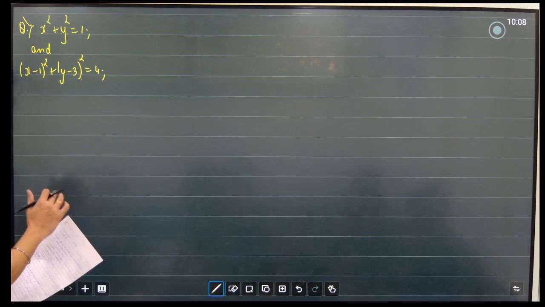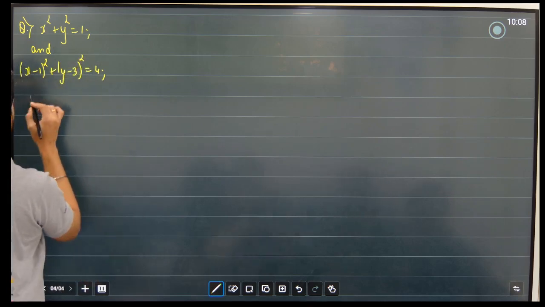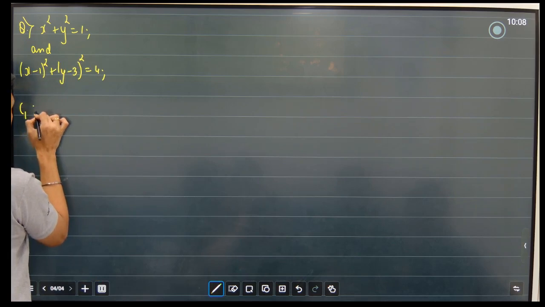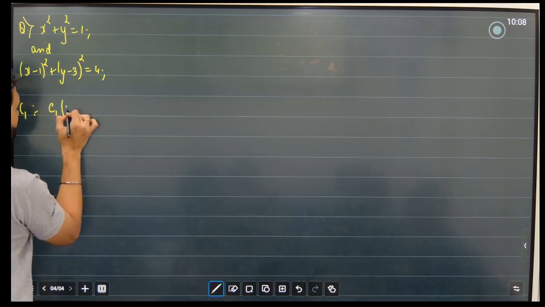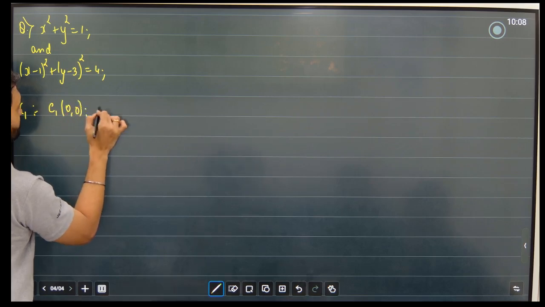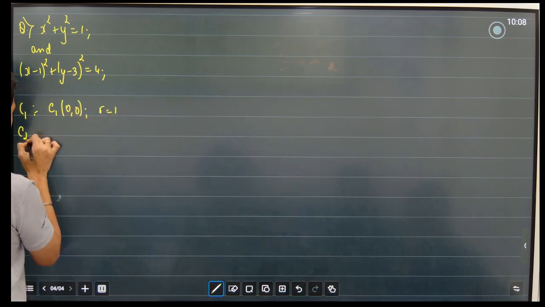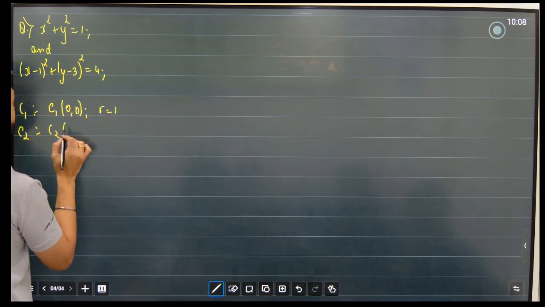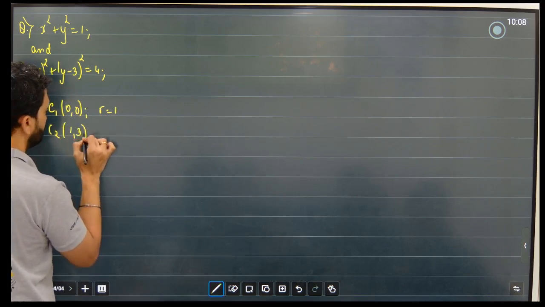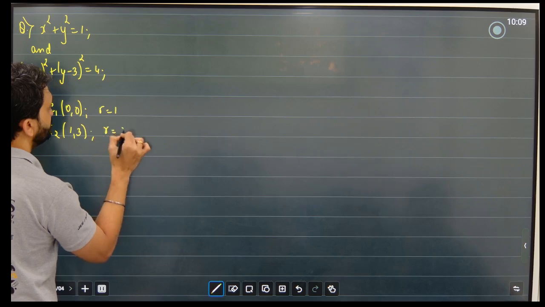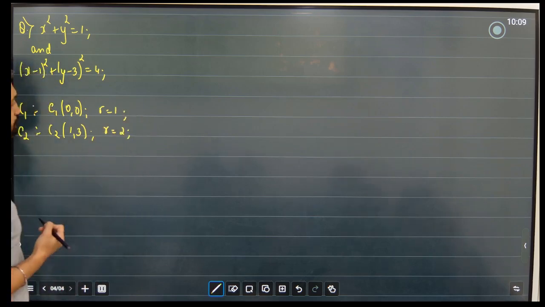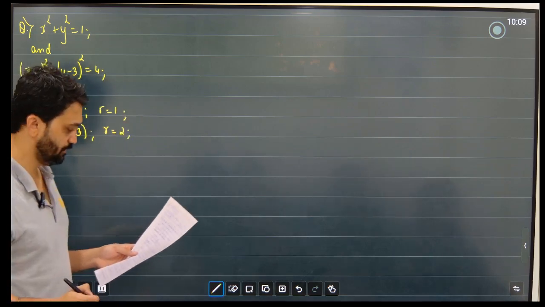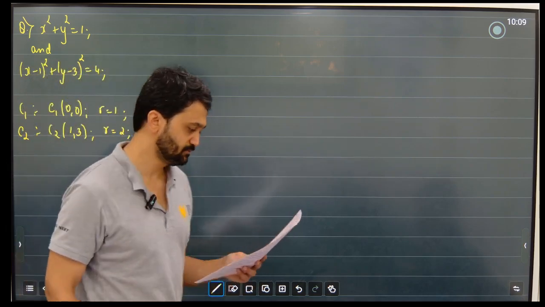First we'll find how many common tangents we can make. Circle 1 has center 0, 0 and radius 1. Circle 2 has center 1, 3 and radius 2.